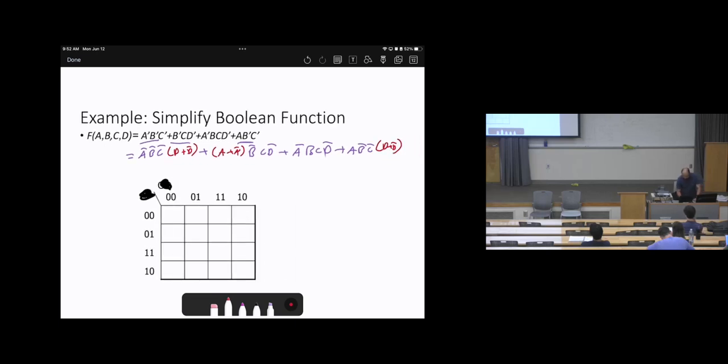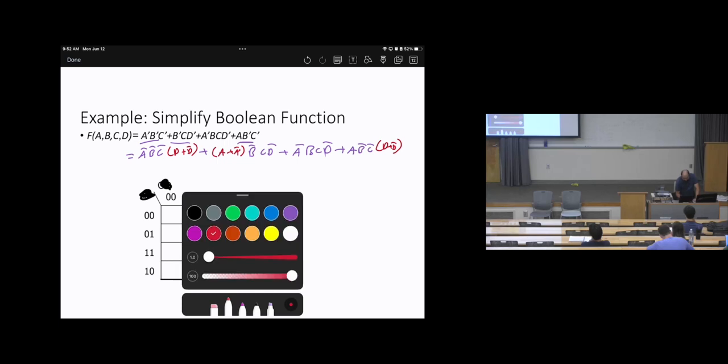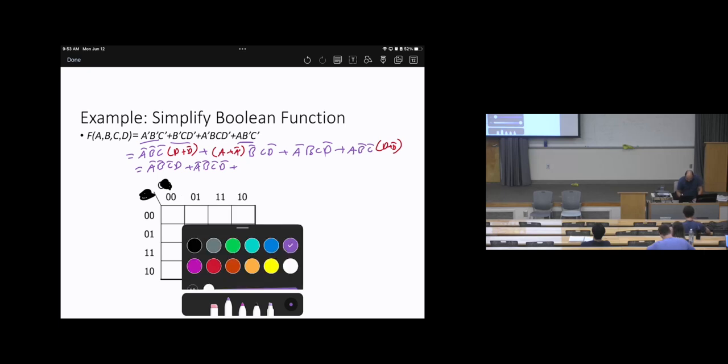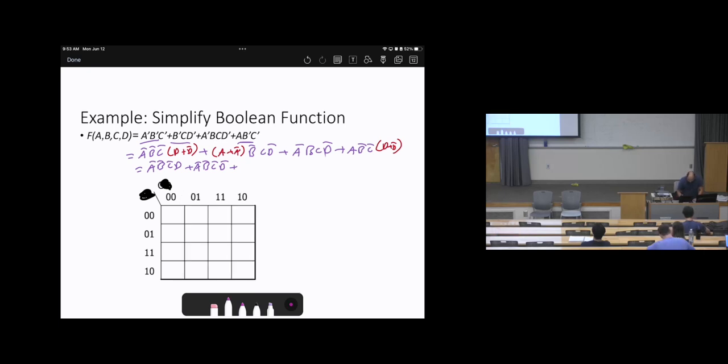Now let's do the multiplication. So it's going to be a bar b bar c bar d plus a bar b bar c bar d bar. Then let's go to the next term. It will be a b bar c d bar plus a bar b bar c d bar.